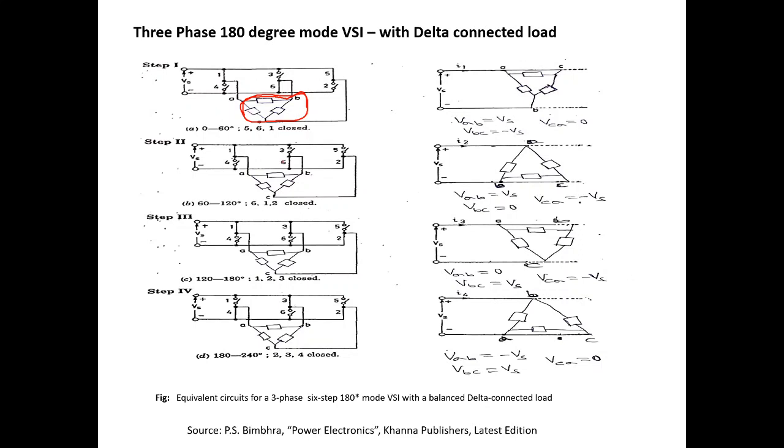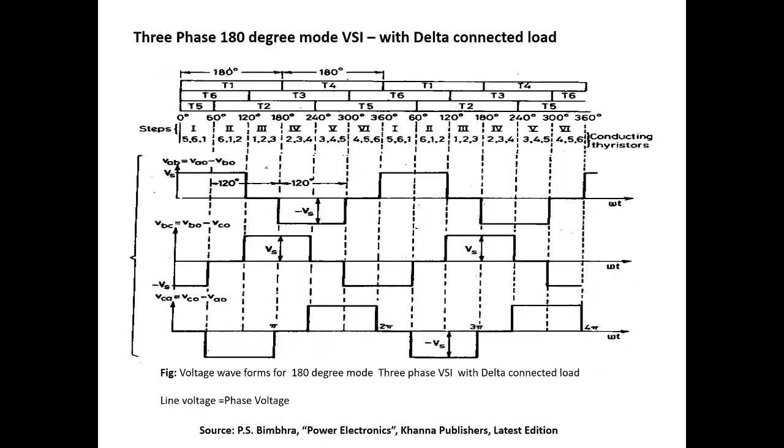In a delta connected load, we know phase voltage is equal to line voltage, and line current is equal to root 3 times the phase current, right? So sketch the line voltage, which is also equal to the phase voltage. You will observe similar line voltages for VAB, VBC and VCA.